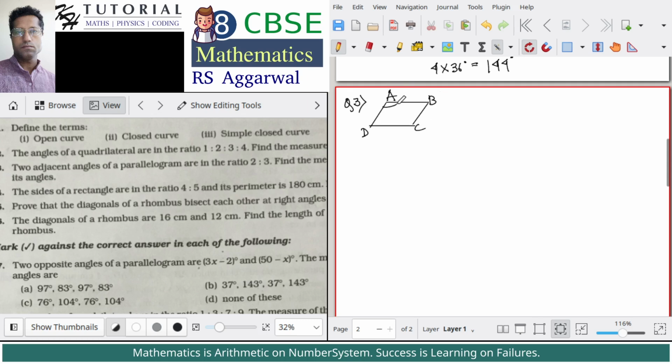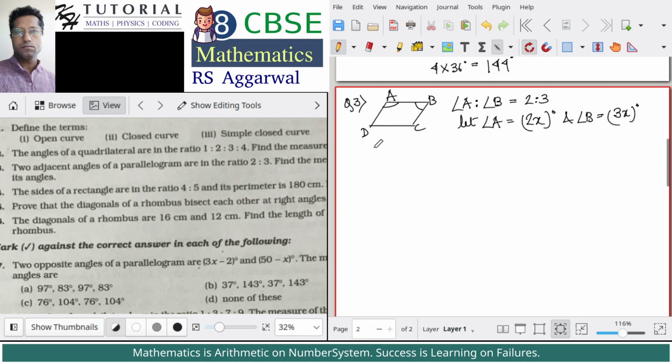These two are one pair of adjacent angles. Let's say angle A is to angle B in the ratio 2:3. So let angle A be 2x degree and angle B, based on the ratio, be 3x degree.